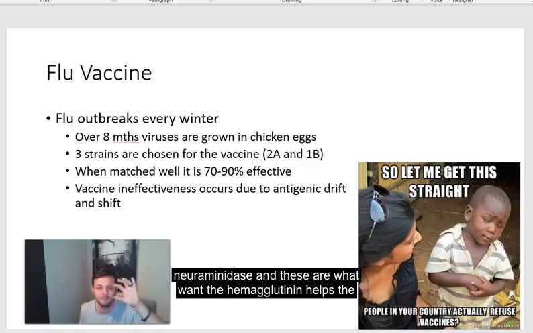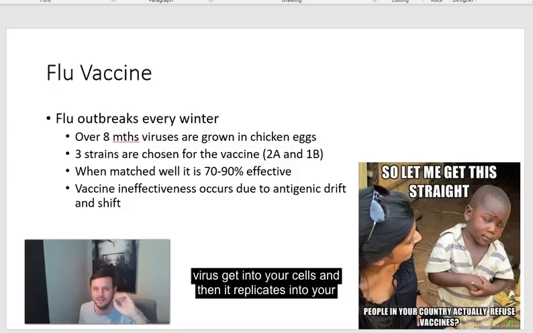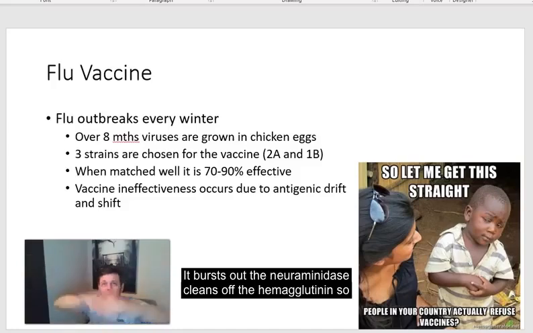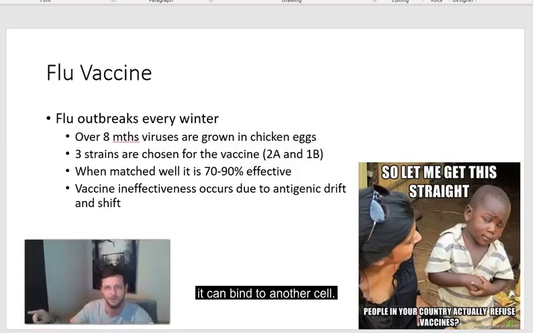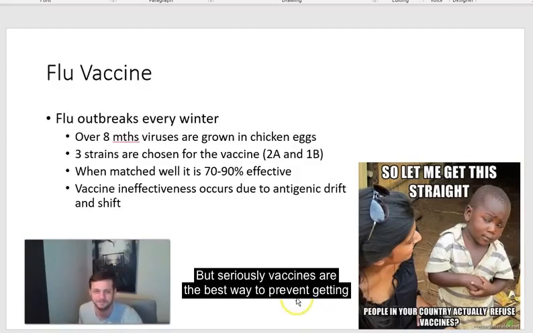The hemagglutinin helps the virus get into your cells, and then it replicates in your cells, and then it bursts out. When it bursts out, the neuraminidase cleans off the hemagglutinin so it can bind to another cell.